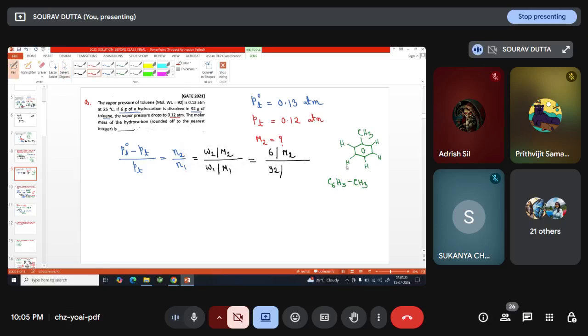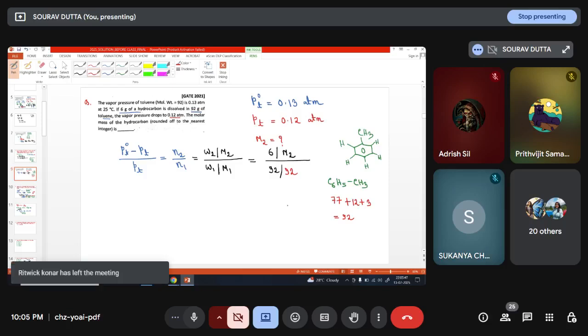C6H5 means 77. How? 12 into 6 is 72, plus 1 into 5 is 5, so 77. Plus carbon 12, hydrogen 3 into 1, that means 3. So 80 plus 12 is 92. So the molar mass is basically 92.